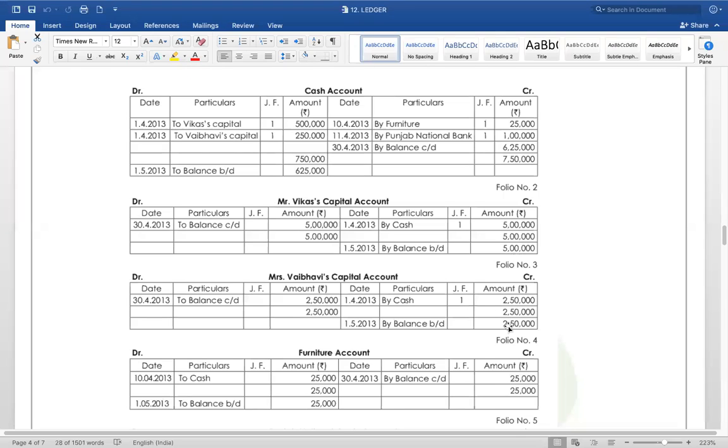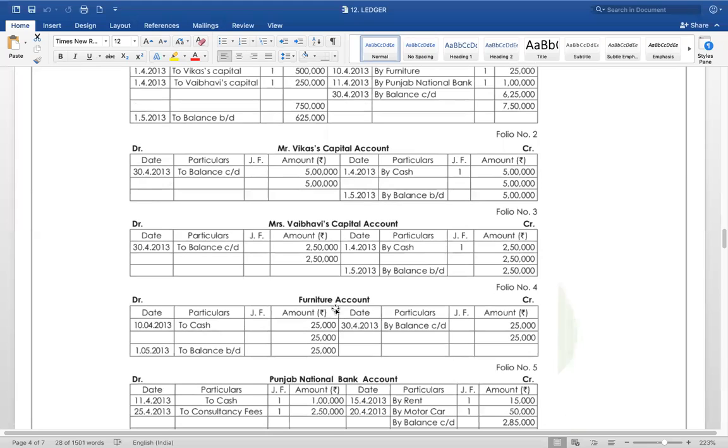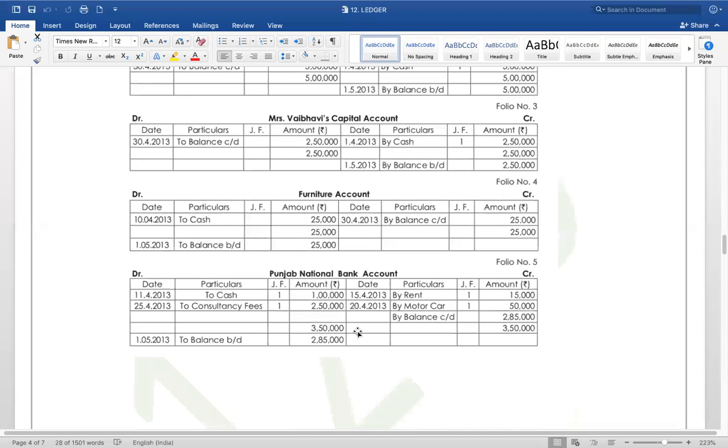And similarly, when you bought the furniture, cash goes out, you have credited the cash account, and the same is debited to the furniture account with the title cash account. And you went on like that.